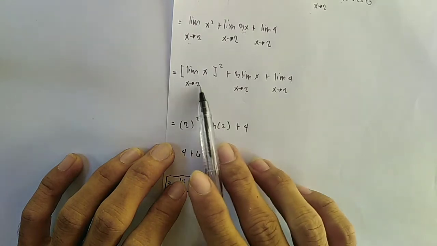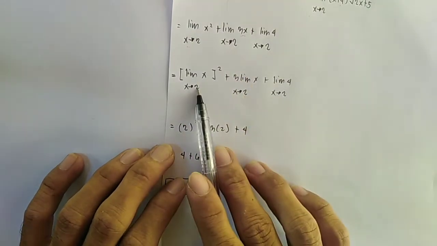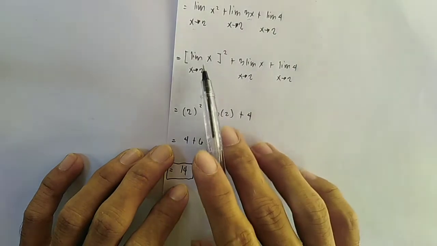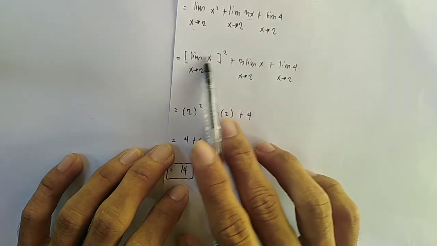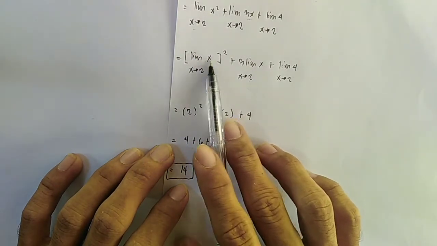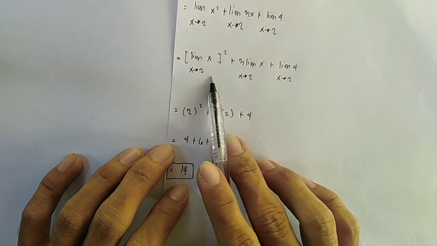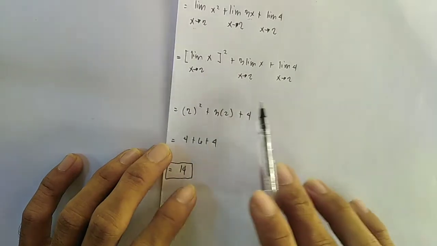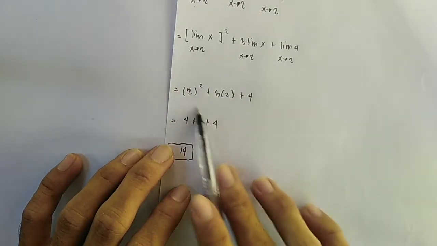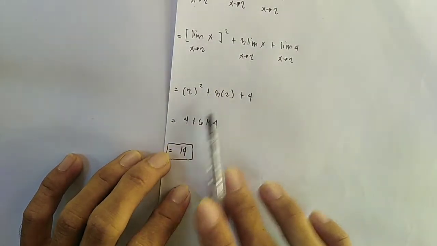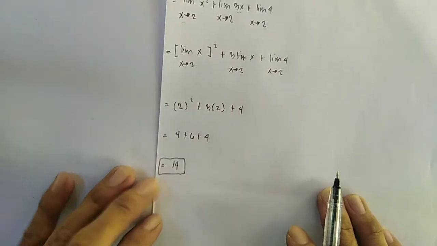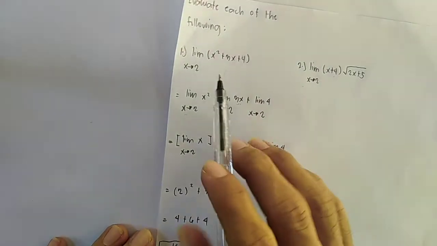That is why we rewrite x squared in this form. After that, just simply substitute the variable with the value of x where your limit approaches. Next, we have the process of simplifying and getting the exact value. So this is now how we evaluate the first example.